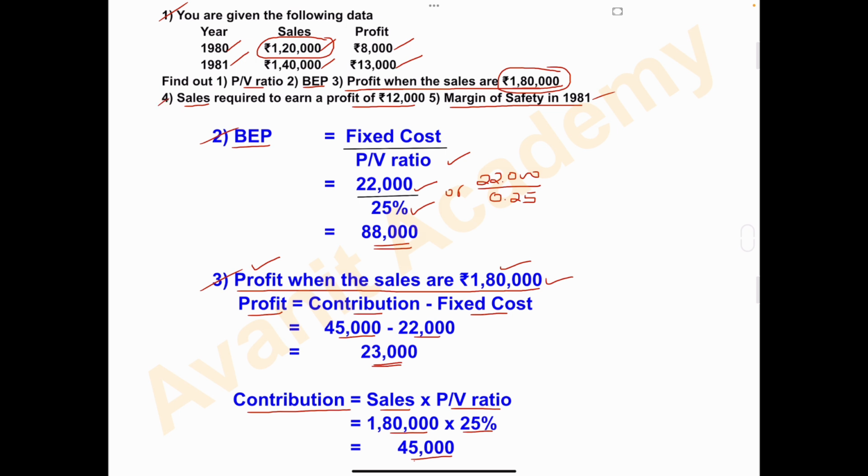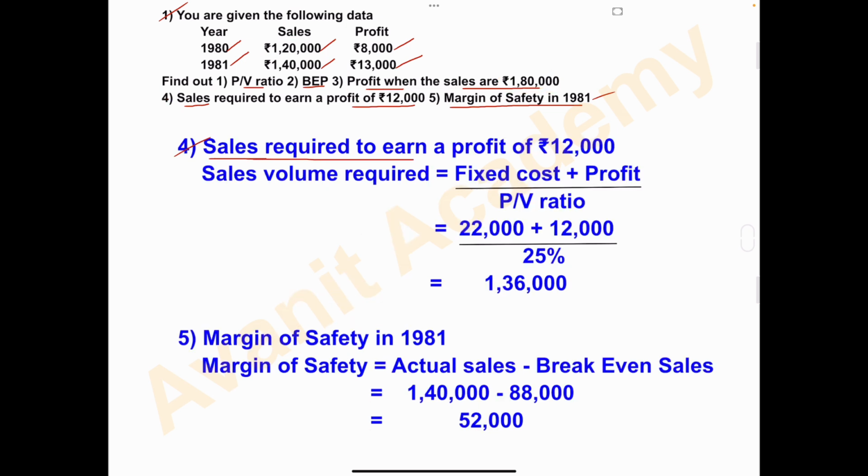Fourth one is sales required to earn a profit of rupees 12,000. In the fourth point, we have to find out the sales value to earn a profit of rupees 12,000. The formula is sales volume required is equal to fixed cost plus desired profit, divided by PV ratio. Fixed cost is the same, that is 22,000, which we have already calculated.